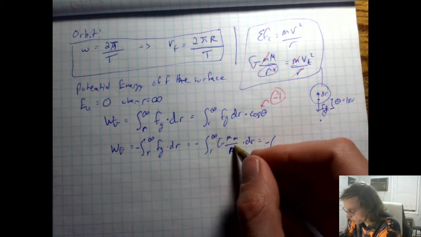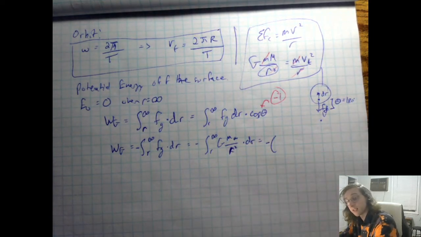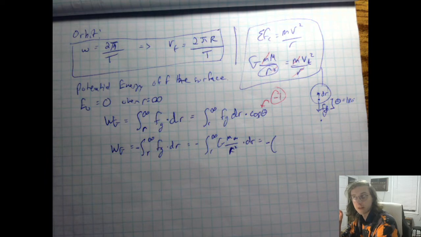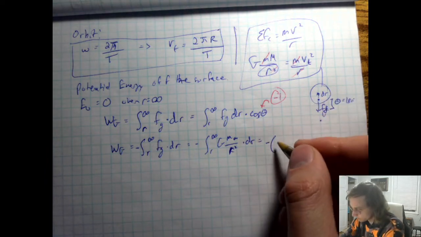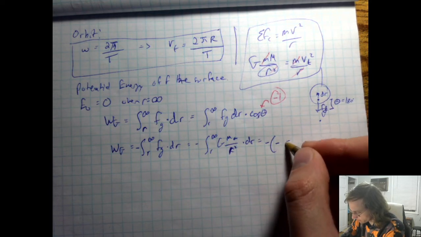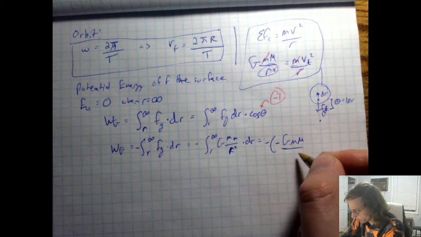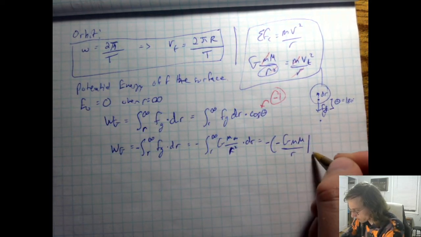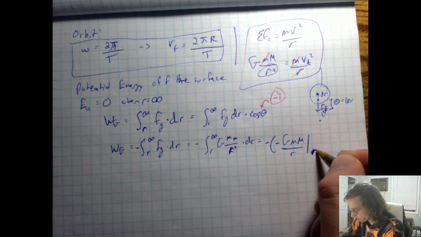So our integral is going to be negative r to the second integrated. Negative r to the second is going to be r to the negative first times -1. So negative GMm over r evaluated from r to infinity.